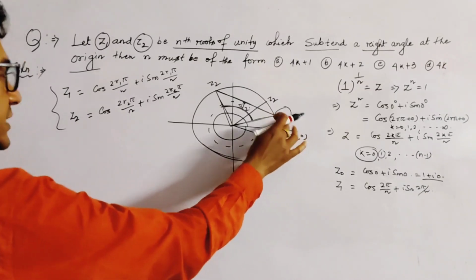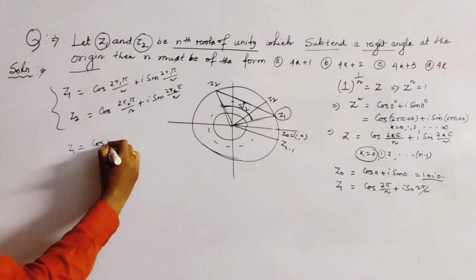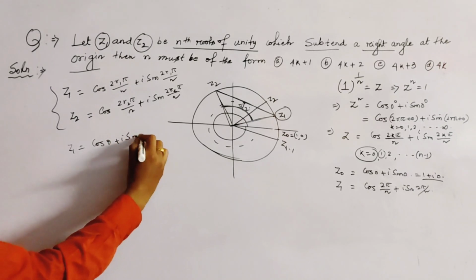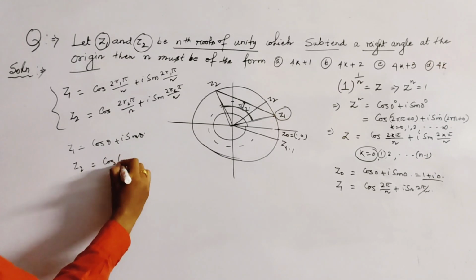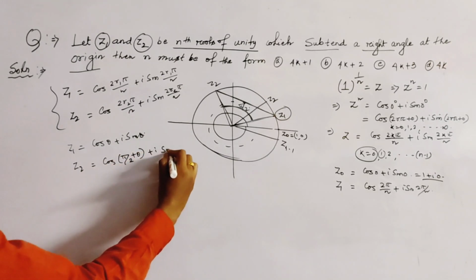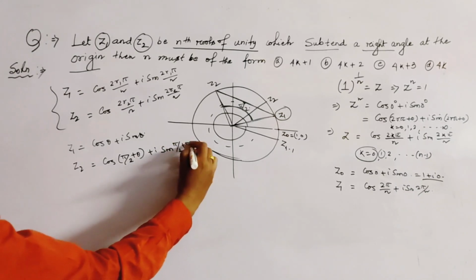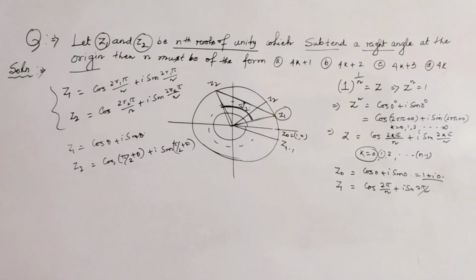If z1 is of the form cos θ plus i sin θ, then z2 must be of the form cos (π by 2 plus θ) plus i sin (π by 2 plus θ), because the angle between them is π by 2.